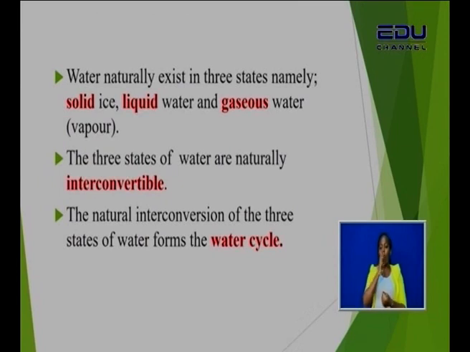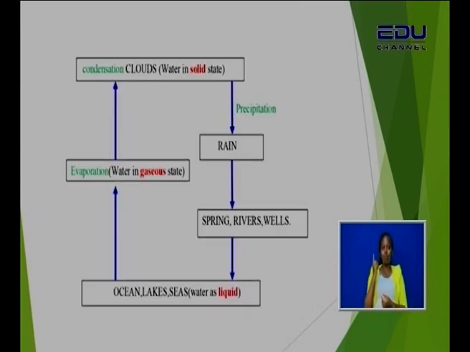But naturally, even in our normal life, we have what you call the water cycle, whereby from our screen there we can see the water cycle. The water cycle starts from the oceans, whereby there's warmth, the heat, and therefore the water evaporates. After evaporating, it condenses as clouds.